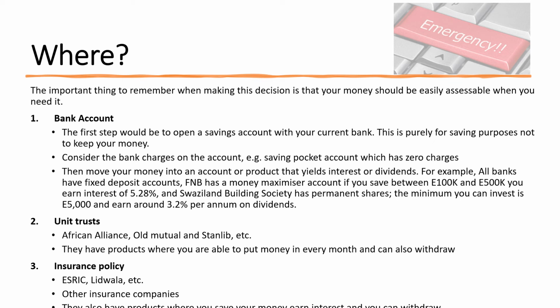You can also have a unit trust where you earn interest on your money. You are able to withdraw and put in money every month. I know African Alliance, Old Mutual, and Standard have products like that. You can also contact the insurance companies. They also have similar products like African Alliance, where you can put in money on a monthly basis, and you can withdraw your money when you need it.